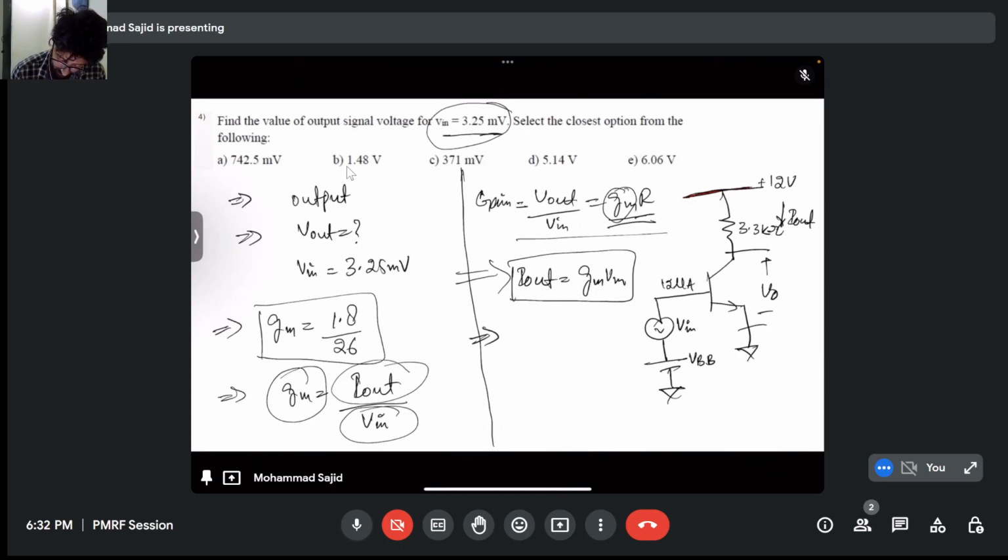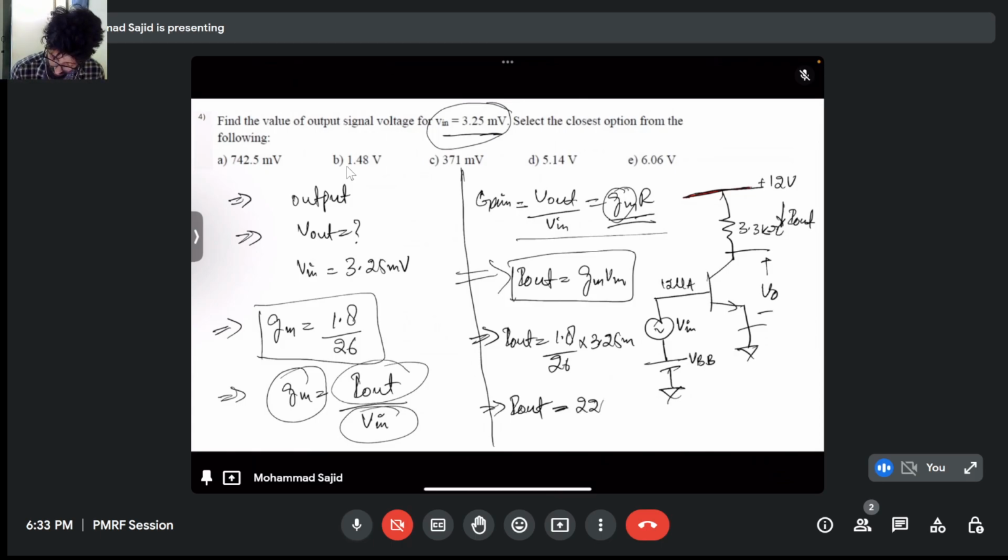Then I output will be equivalent to 1.8 by 26 into 3.25 milli. This will give me I output. What value comes out to be? Let's just calculate it. 1.8 into 3.25 divided by 26 point.